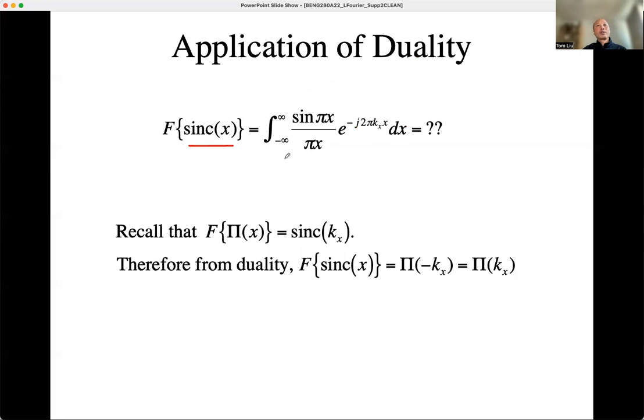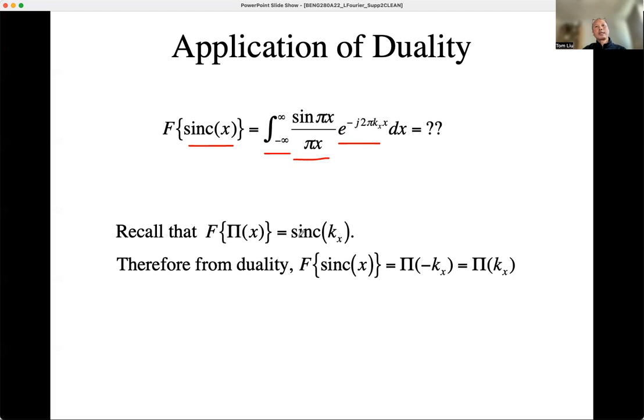To do that from scratch, you'd have to take sine of pi x over pi x, multiply it by this, and integrate. While that's doable, it would take quite a bit of time and may not be easy. But we know from duality that rect goes to sinc. So if I have a function rect of x, that should just go to sinc of kx. Recall the Fourier transform of rect of x is sinc of kx.